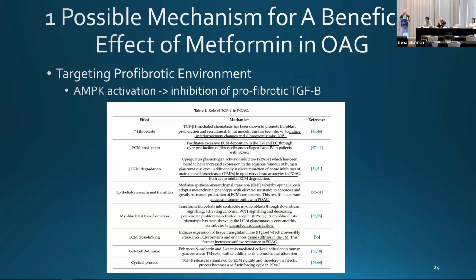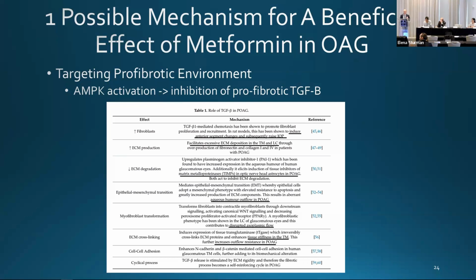AMPK activation is known to inhibit the pro-fibrotic TGF beta, and you can see that this role of TGF beta can impact intraocular pressure. It may impact the trabecular meshwork, the lamina cribrosa, aqueous outflow.